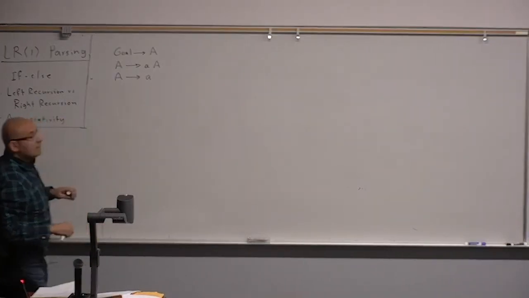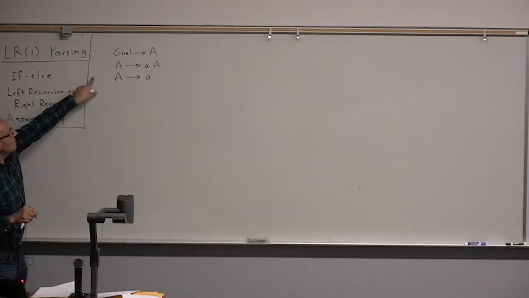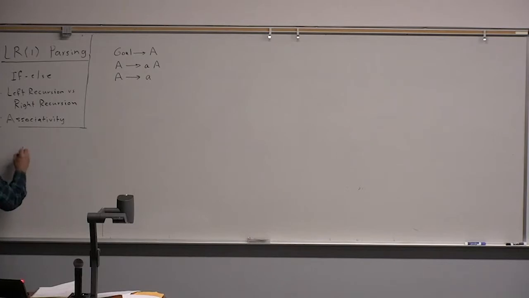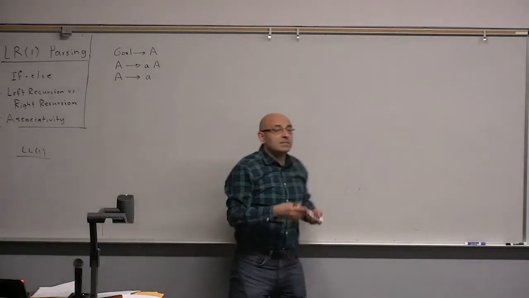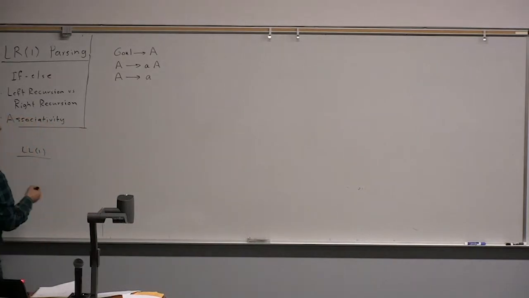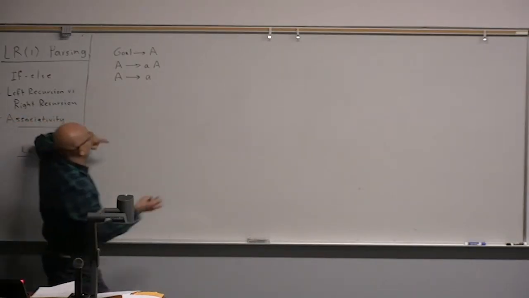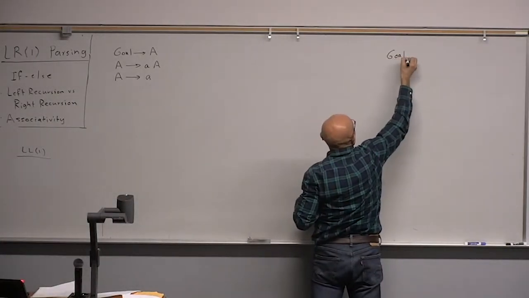Because many people were confused in the exam. Some people, in the LL1 parsing question, tried to remove left recursion from a grammar that doesn't have left recursion. It does not have left recursion. Left recursion is when you have this, the left recursive version of this grammar that we did in class.